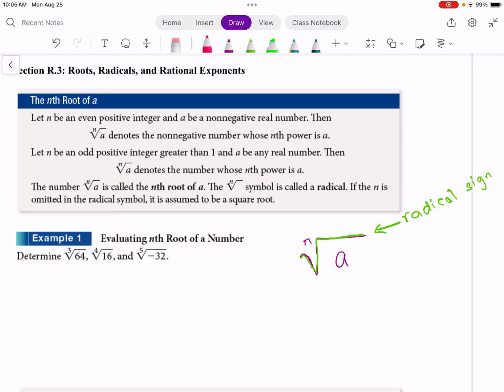This n is a positive integer, and we call it the index.